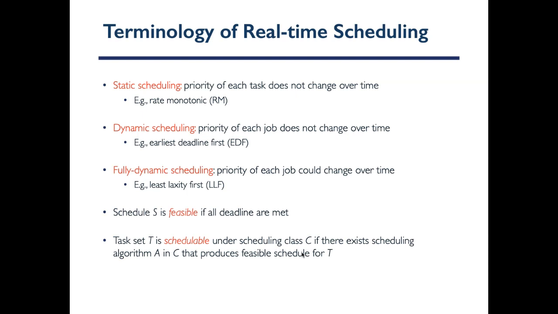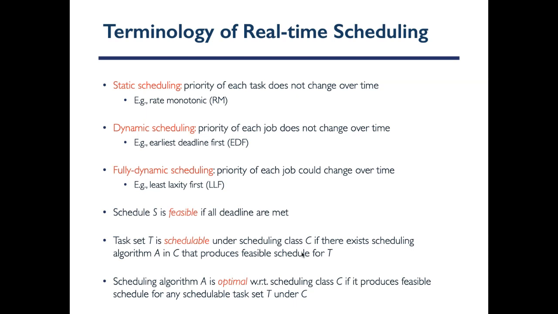Now, a task set T is schedulable under a scheduling class C if there exists a scheduling algorithm A in C that produces a feasible schedule for T. And finally, a scheduling algorithm A is optimal with respect to a particular class of schedulers if it produces a feasible schedule for any schedulable task set T under C.